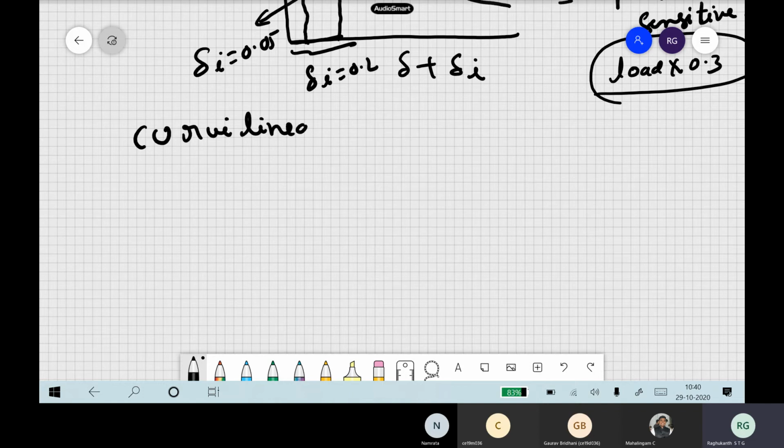So you have to follow a curvilinear coordinate system. It's a very complicated coordinate system.